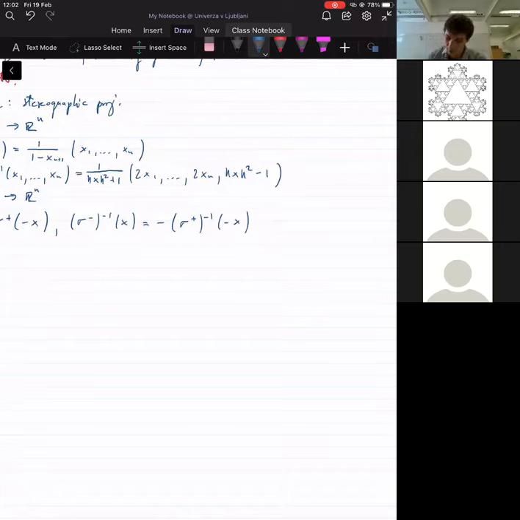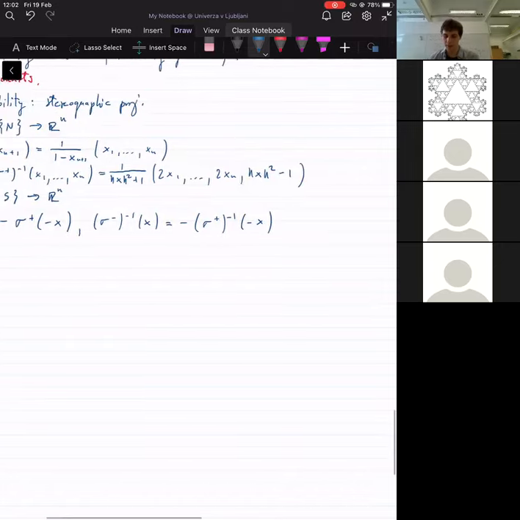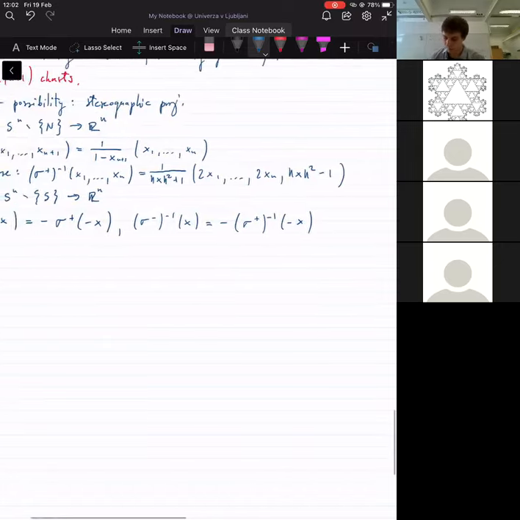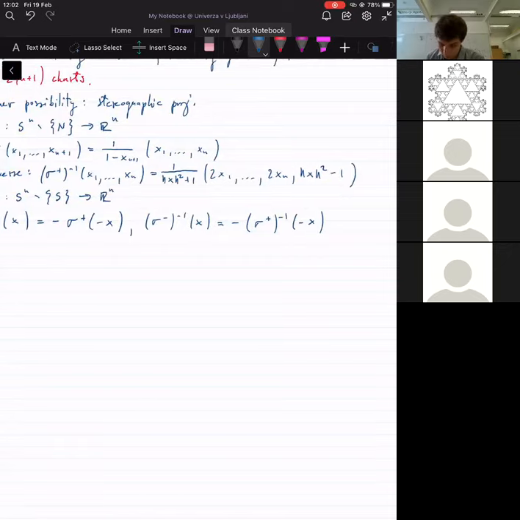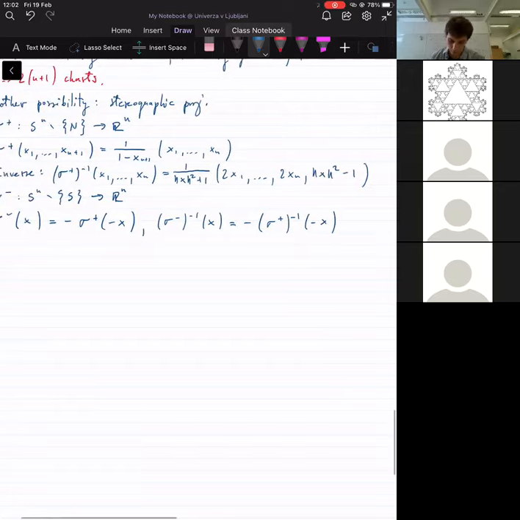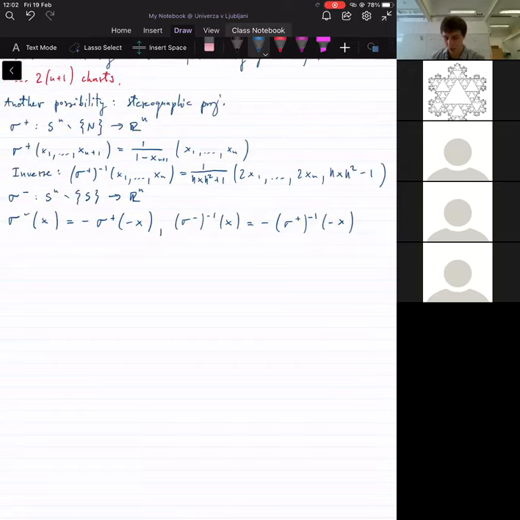Now again, first take the opposite value of the argument and then the opposite value of the whole expression. So it turns out that the stereographic projection without the south pole is of this form.